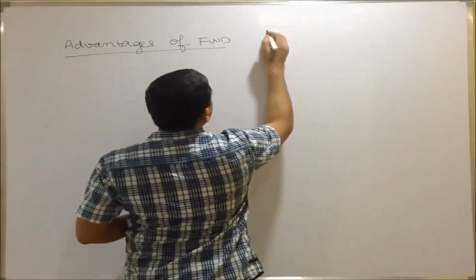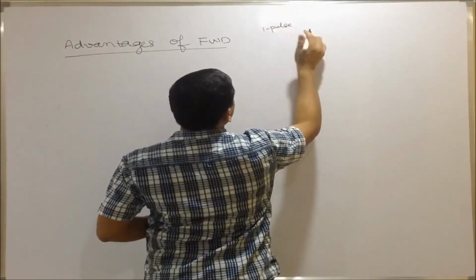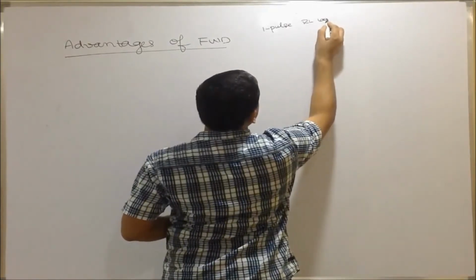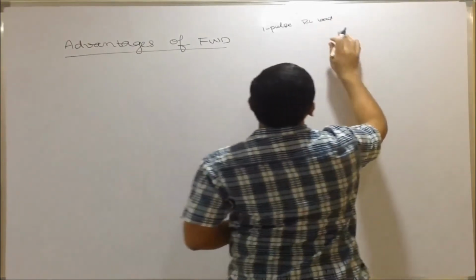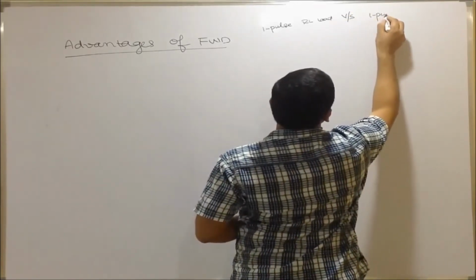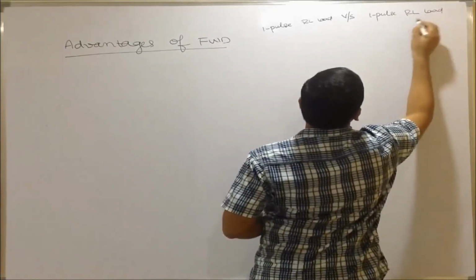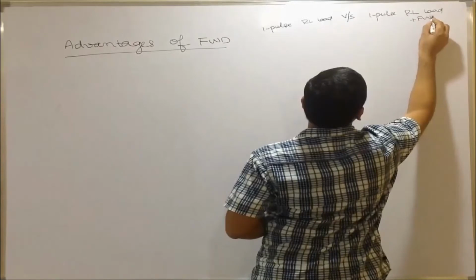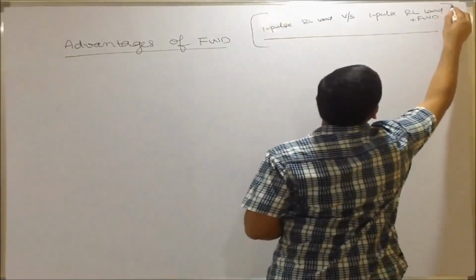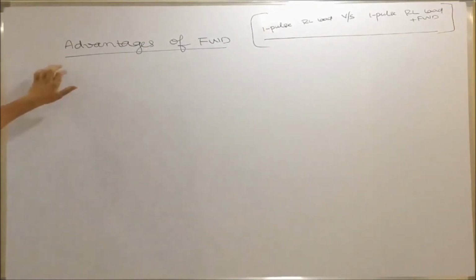Here we are comparing the single pulse rectifier with RL load, with the single pulse RL load with freewheeling diode. This is the exact comparison. Here we are looking at the advantages of freewheeling diode.